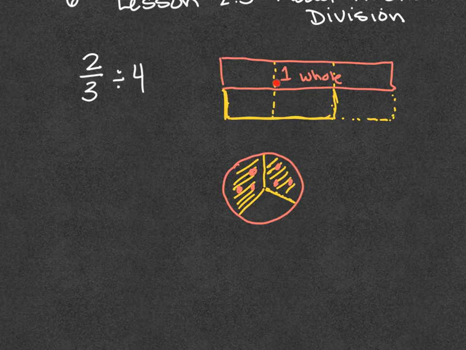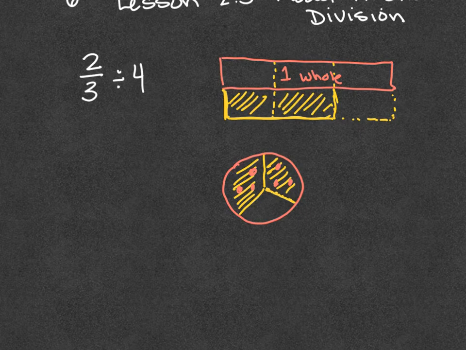And if I divide it into 3 equal pieces, 1, 2, 3, this is saying that I have 2 of those pieces. So I have 1, 2 of those 3 with pepperoni because that's my favorite.